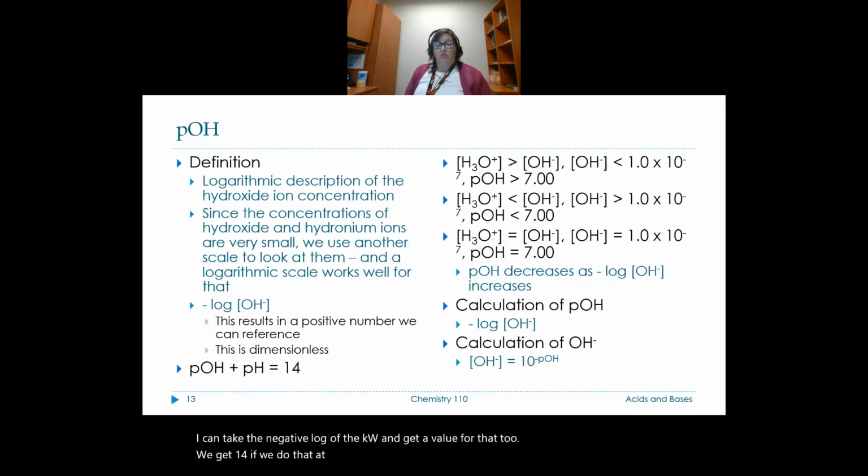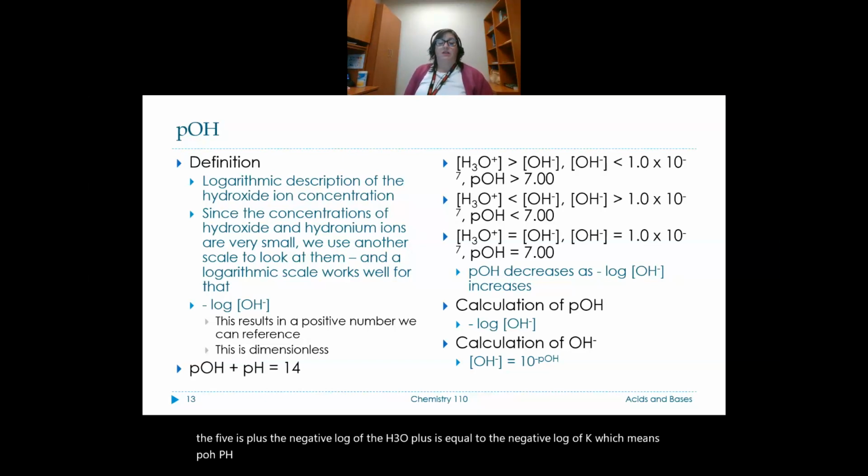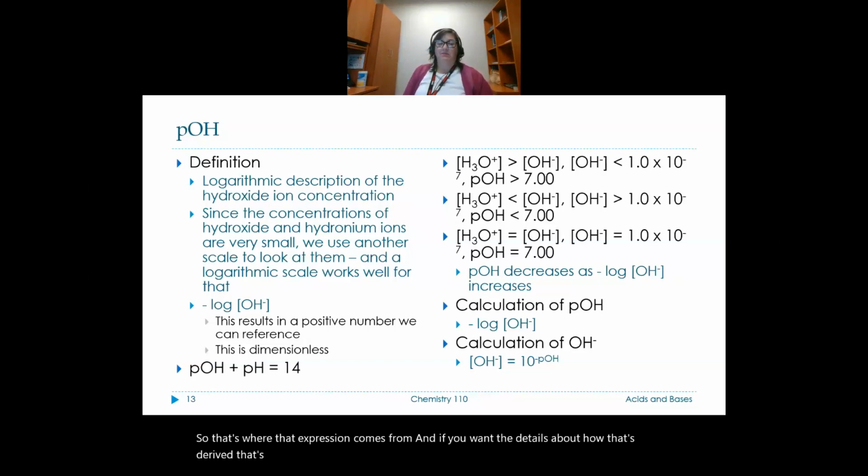So that means that the negative log of the OH minus plus the negative log of the H3O plus is equal to the negative log of Kw, which means pOH plus pH equals 14. So that's where that expression comes from. And if you want the details about how that's derived, that's what your textbook is for. It is in your textbook in chapter 15.